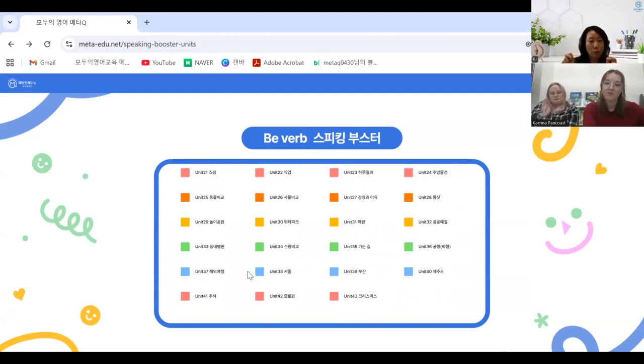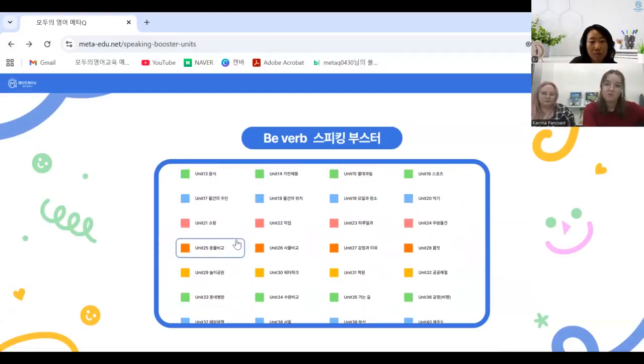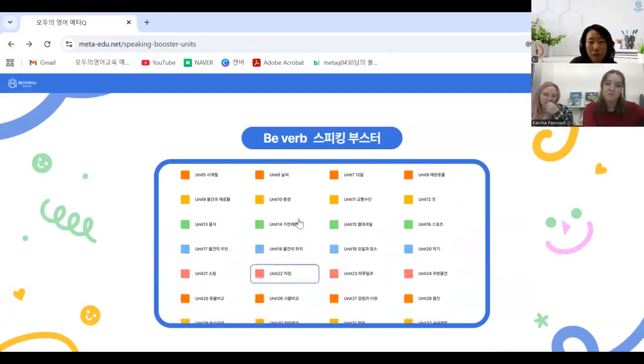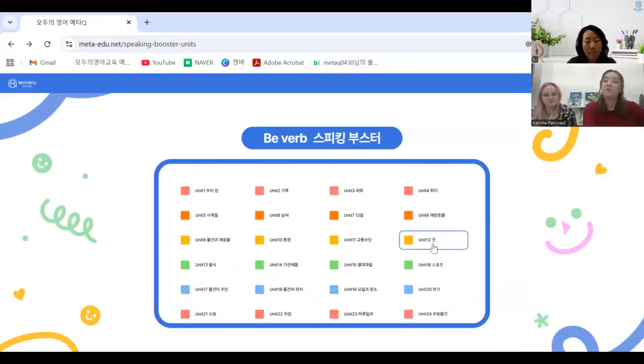So you can choose units. If you want to teach past be verb, then from unit 11 to 20, you can pick the units. And this is connecting to G verb, if you notice that.